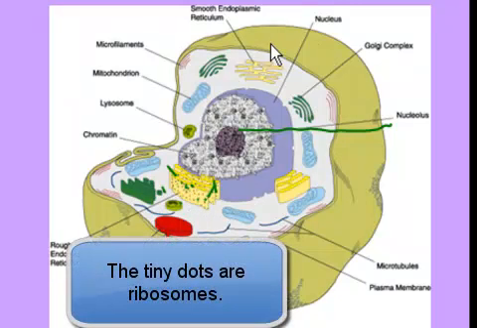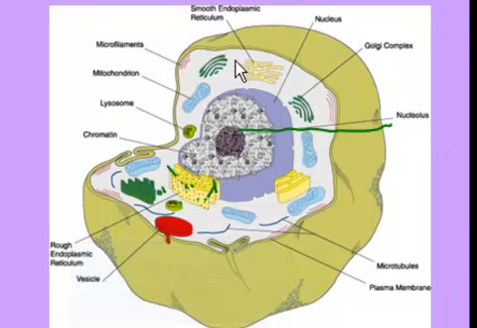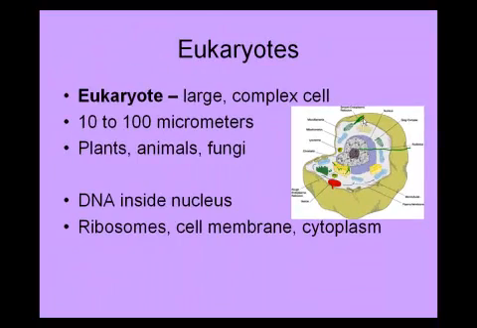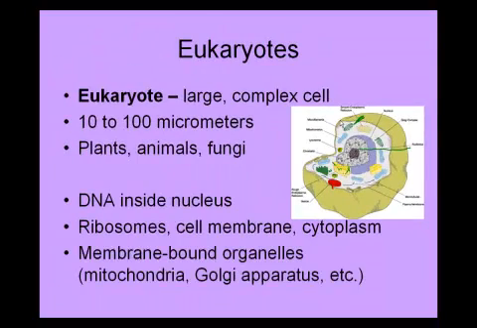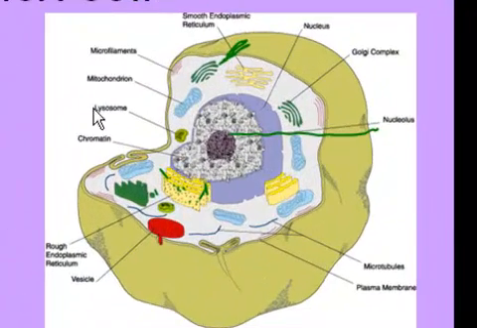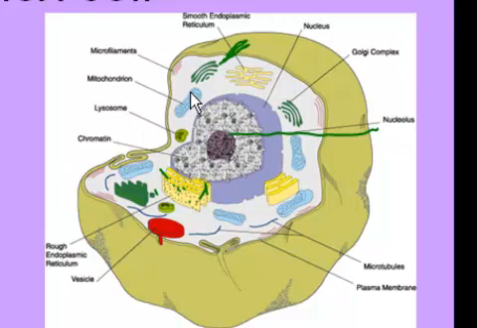They have a cell membrane, and they also have cytoplasm, which is the stuff around all of the other organelles. But they have other organelles that are bound up by membranes. If you look at the mitochondria here, it's got a double layer structure that we'll look at later, and it's got a membrane around it.